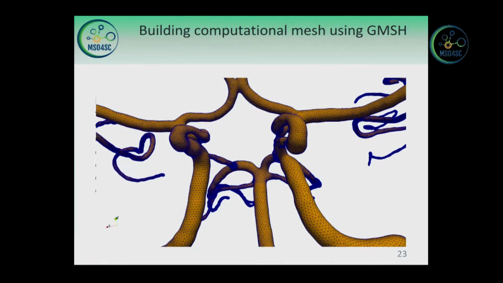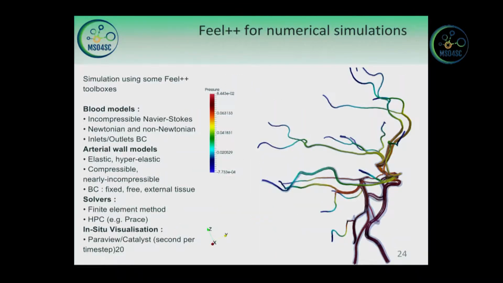For example, here I do a zoom of the previous. You can see we have a nice mesh here. And then we launch the toolbox in order to have blood flow inside the system, with different kinds of models, boundary conditions, available.